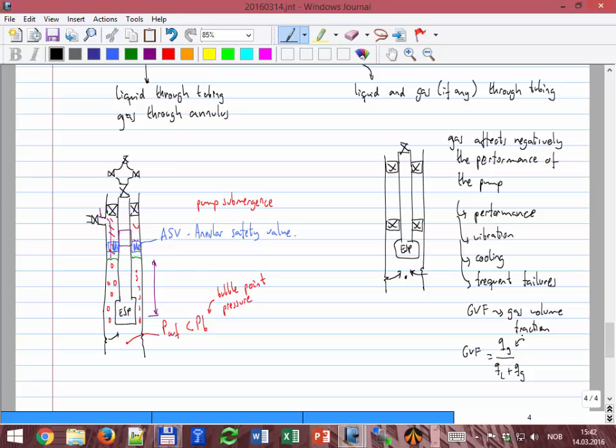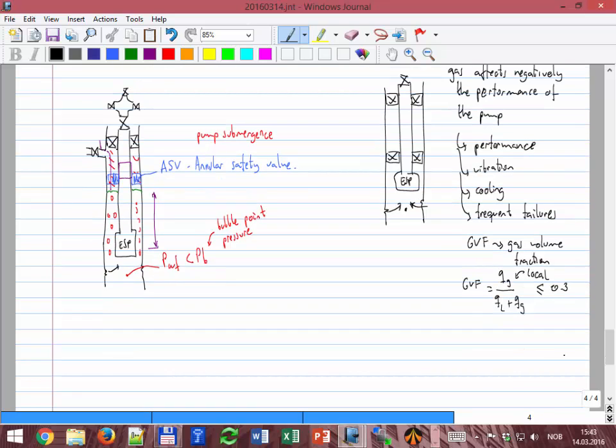Remember that it doesn't have the bar on top of the G or the O, so this is local. It has to be less than or equal to 0.3, 30%. We say that's the maximum acceptable by the ESP pump, but the pump has to be designed to take that. The rotor, for example, that I showed last class, could not take even 30%.